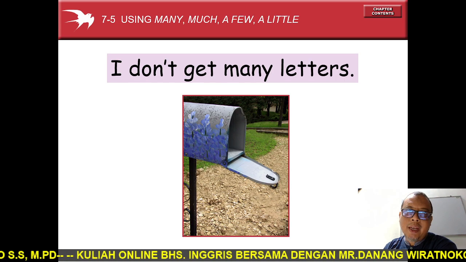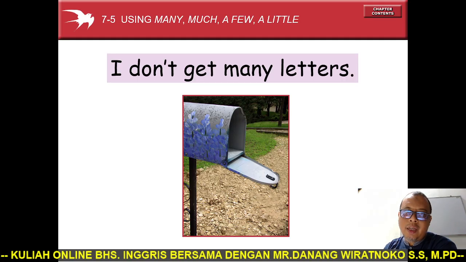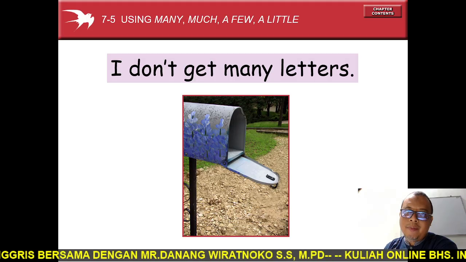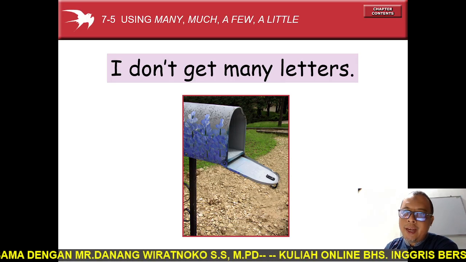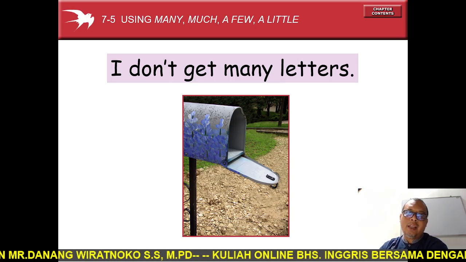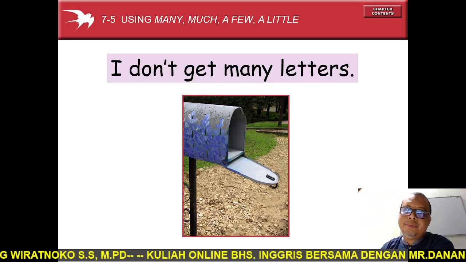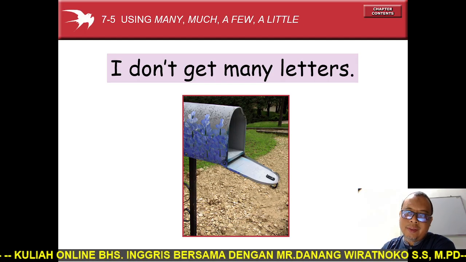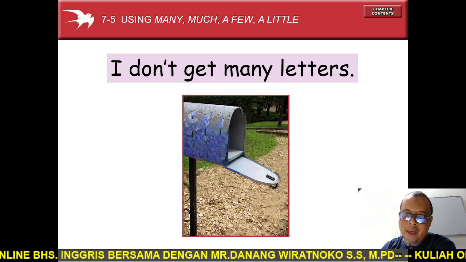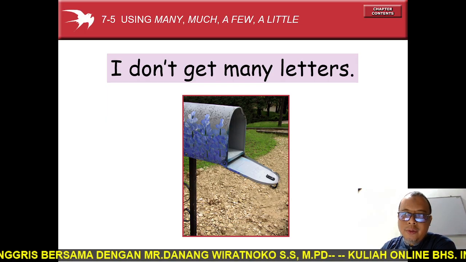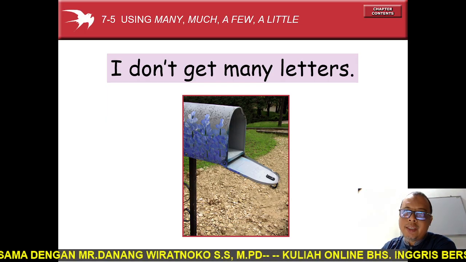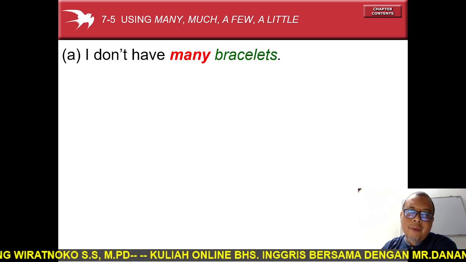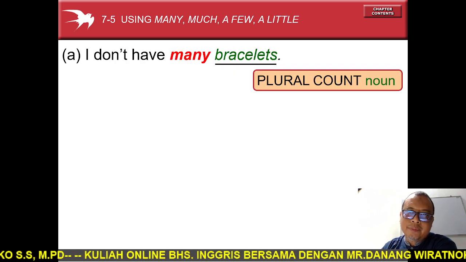Okay, next one. Using many, much, a few, and a little. I don't get many letters. Okay, so remember when we have the word many, it means negative, yeah. And also there is zero, yeah. So we don't know. Okay, I don't have many bracelets.